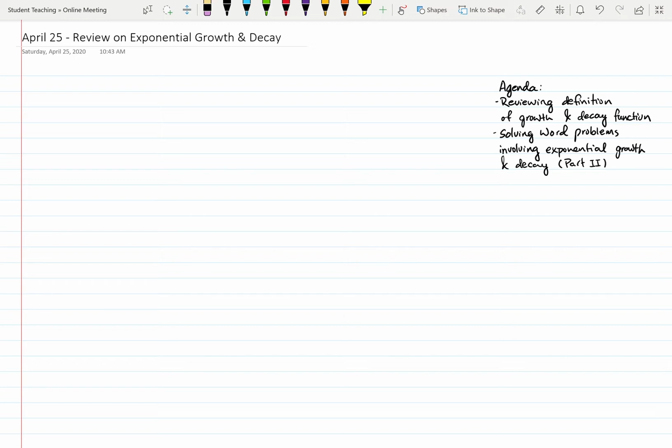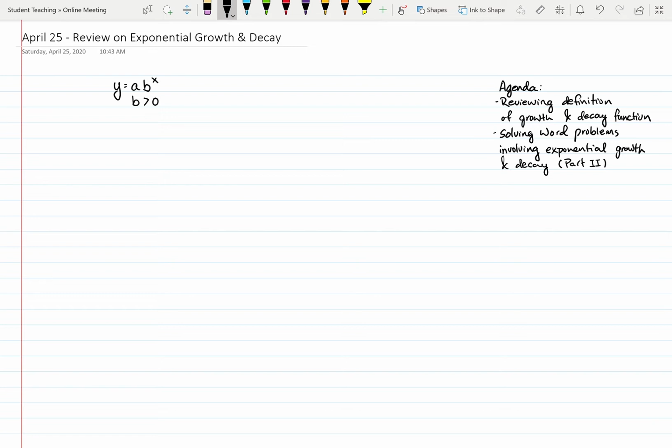Actually, these two functions are derived from y equals a times b raised to the x power. When you look at this function, you have to know that b needs to be greater than 0.